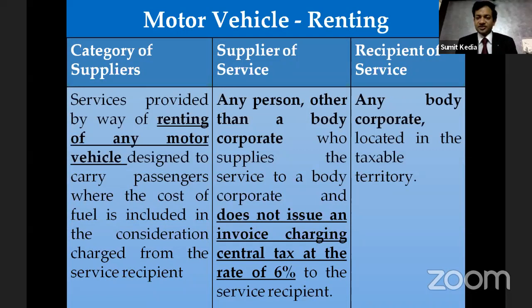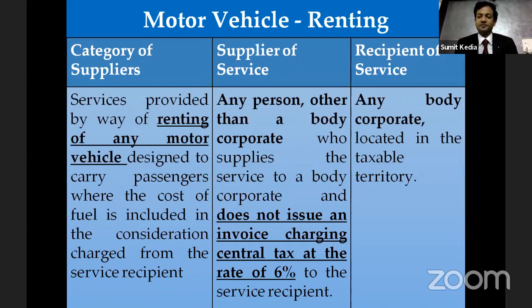In this nature of service, the supplier of service should be any person other than a body corporate. I repeat, any person other than a body corporate, and who does not issue an invoice charging CGST at the rate of 6%. Basically CGST 6, SGST 6, 12%. But since the notification comes under CGST separately, SGST separately, it says 6%, 6%.